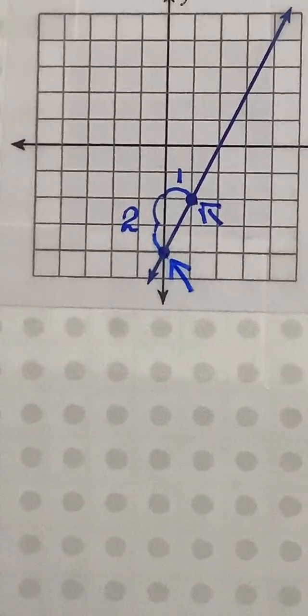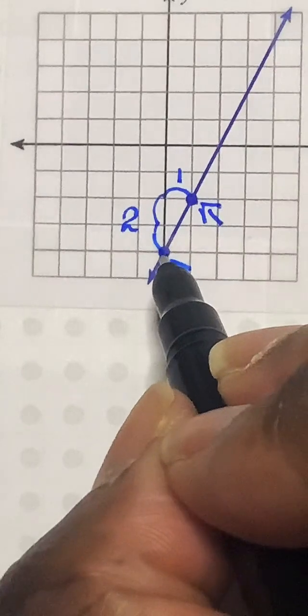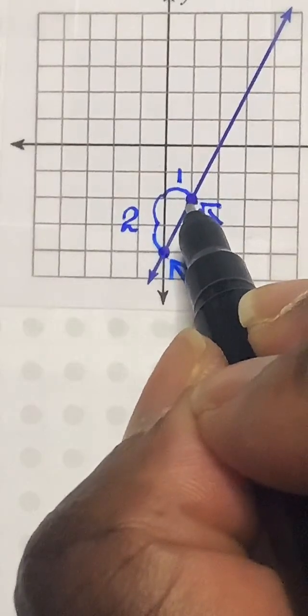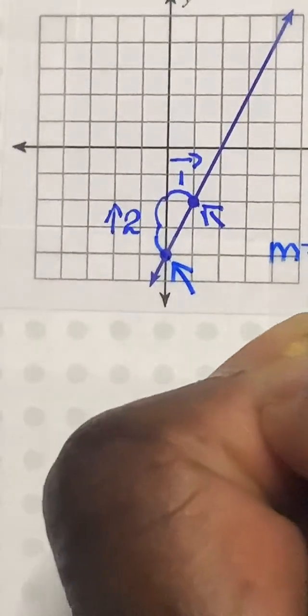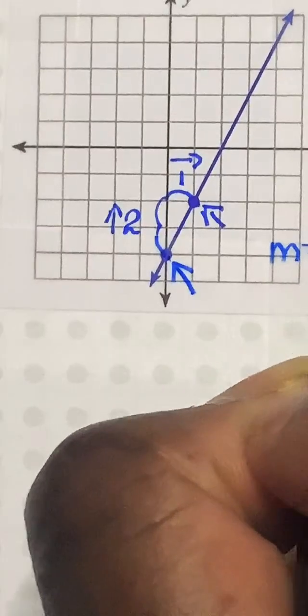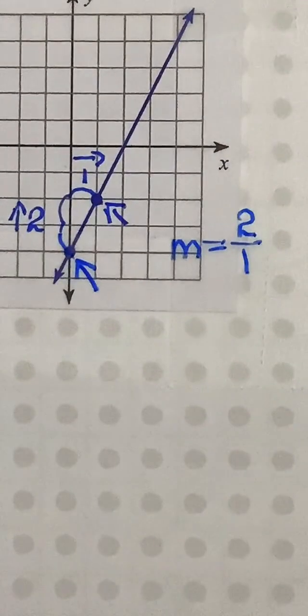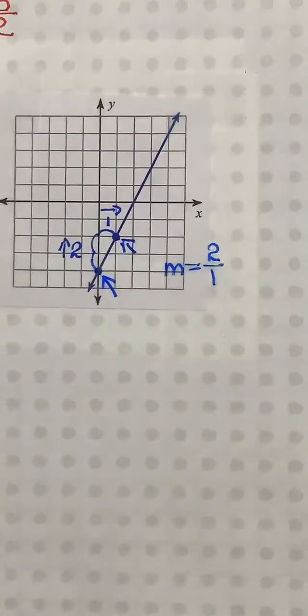So you can rise up 2 and then run to the right 1. When you rise up, that's positive. If you go to the right, that's positive. So my slope will be 2 over 1.